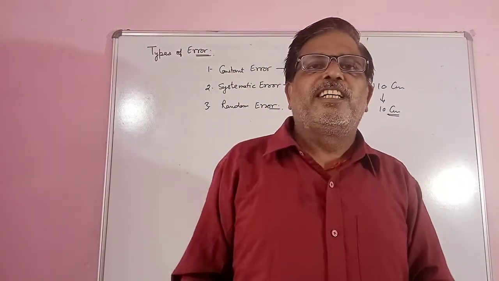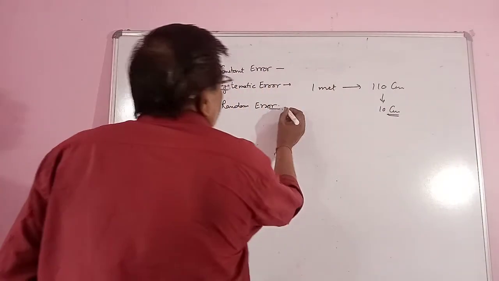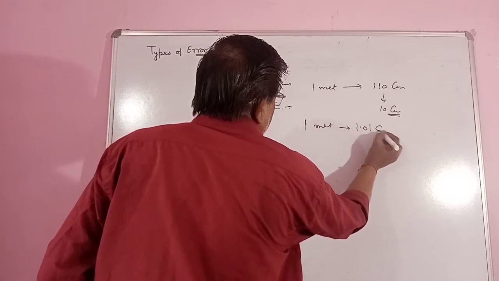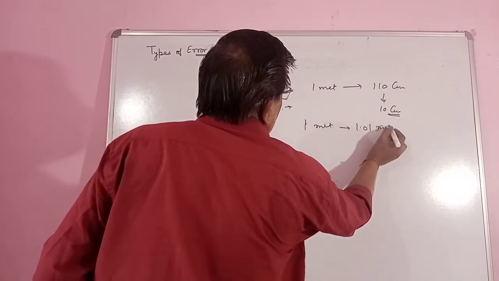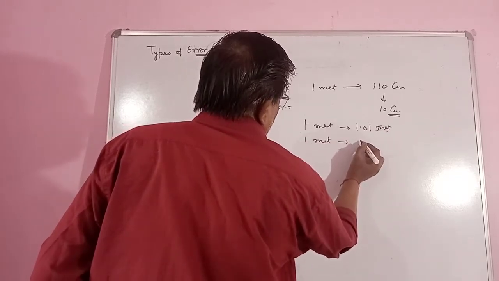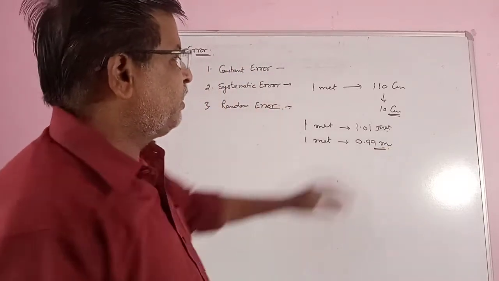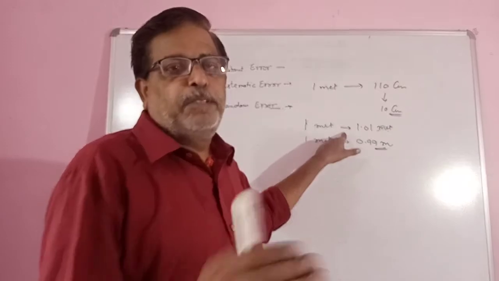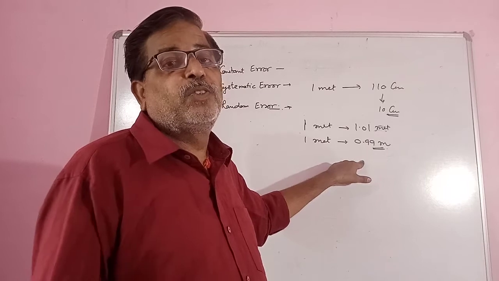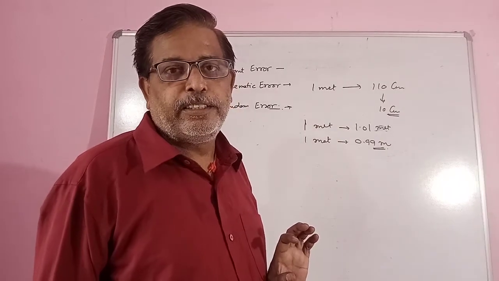So this error is random error, means sometimes we are measuring 1 meter as 1.01 meter, and sometimes we are measuring it differently. कभी ज्यादा हो रहा है, कभी कम हो रहा है, कभी वैल्यू बढ़ रही है, कभी कम हो रही है. तो दिस इज रैंडम एरर.